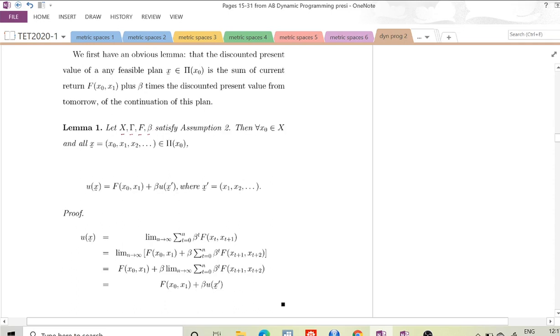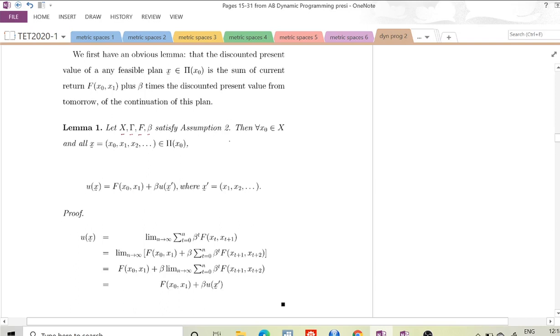So suppose these satisfy Assumption 2, then for all starting states x naught and all feasible plans x tilde that start from x naught, the following relationship is true. U of x tilde is equal to f of x naught, x1 plus beta u of x tilde prime, where x tilde prime is x1, x2, and so on.